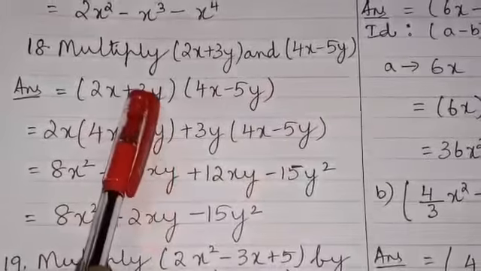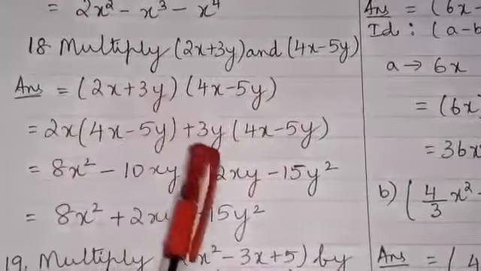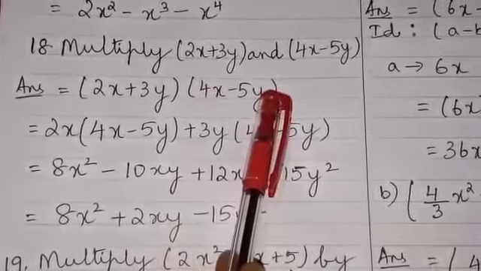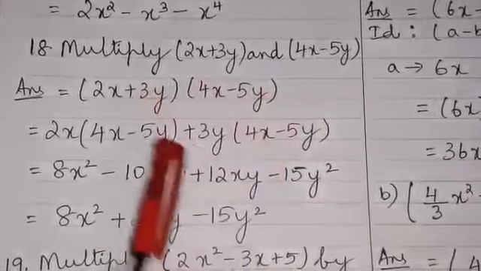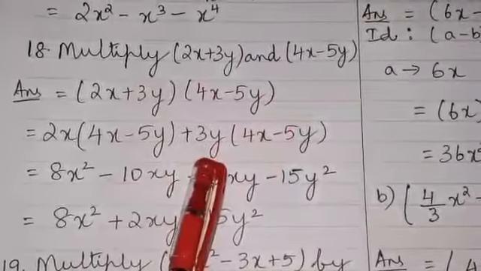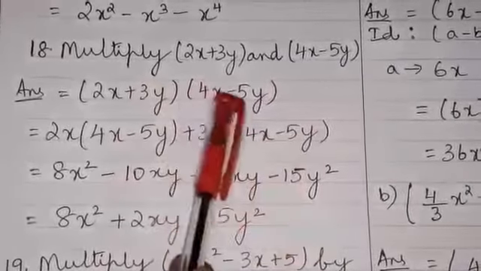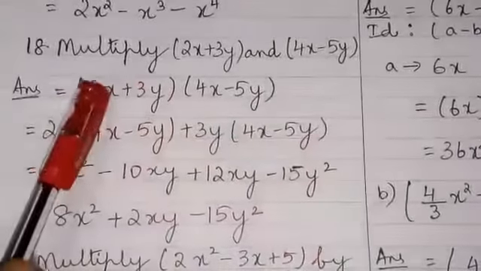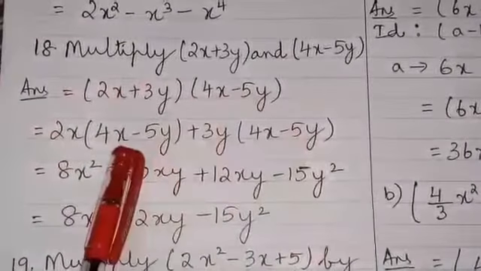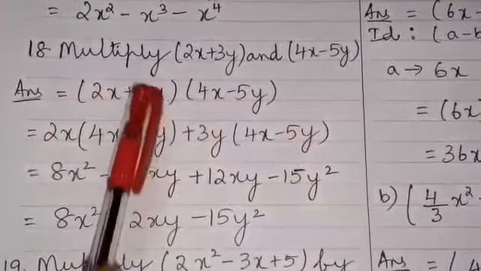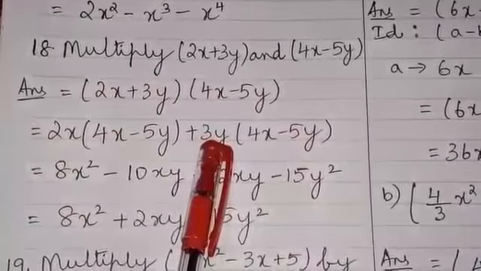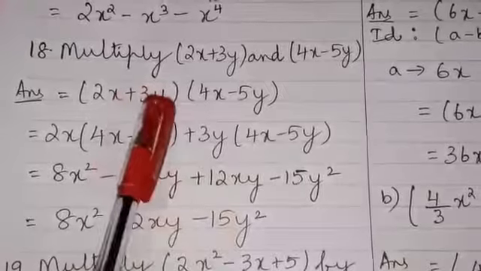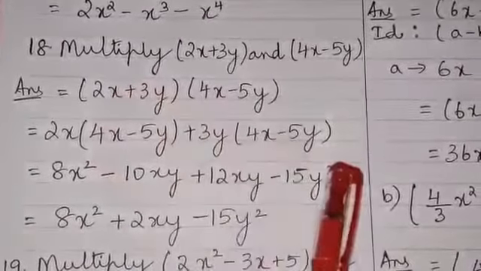Next, the second term in the first bracket has to be multiplied with all the terms in the second bracket. So we write it as plus 3y multiplied by 4x minus 5y. If this was minus, we'd write minus 3y, but this is plus 3y.